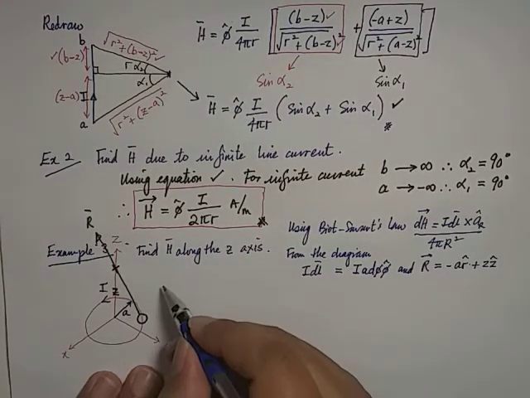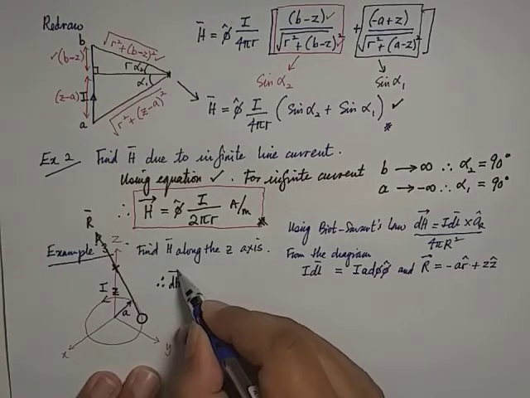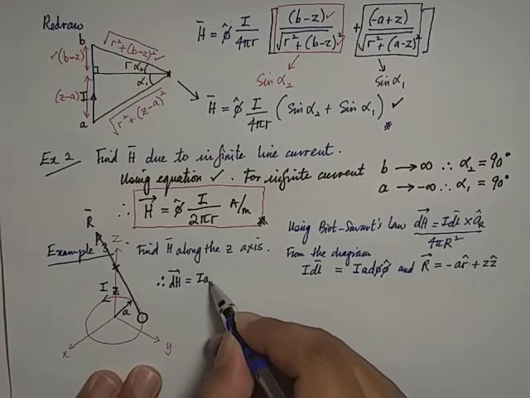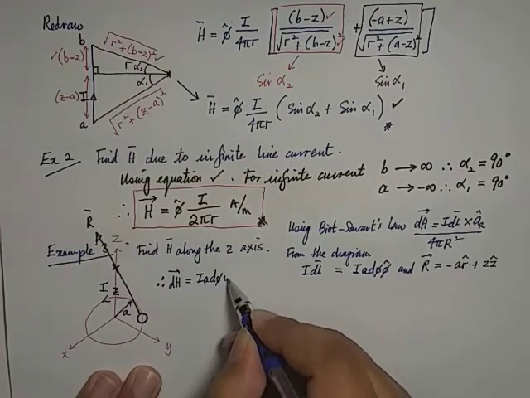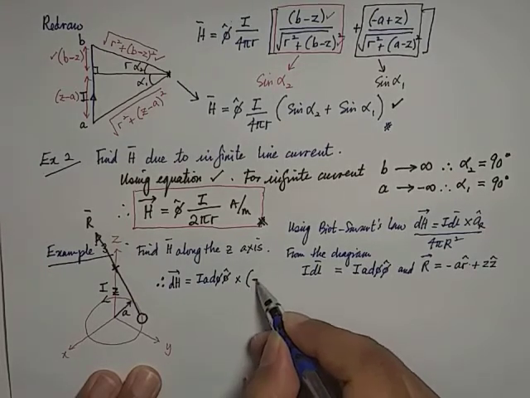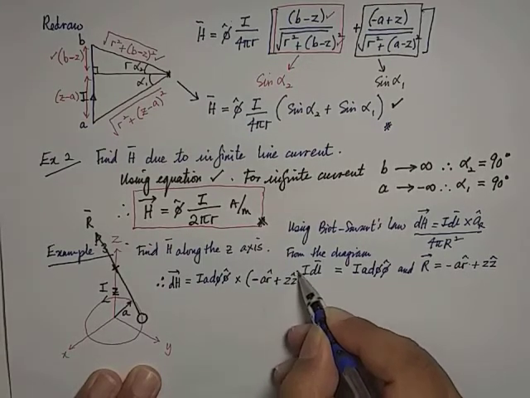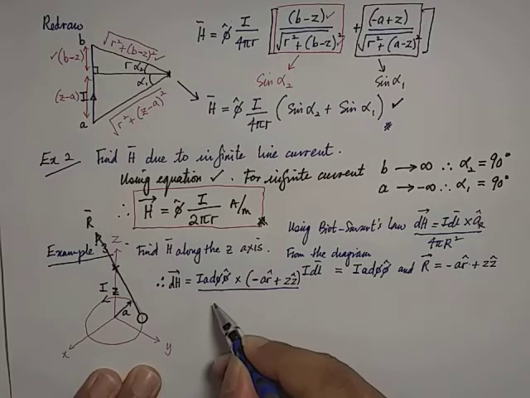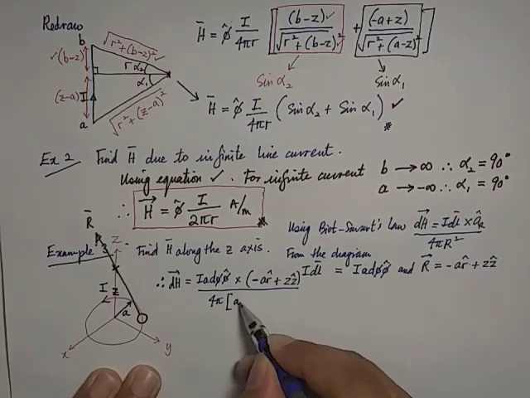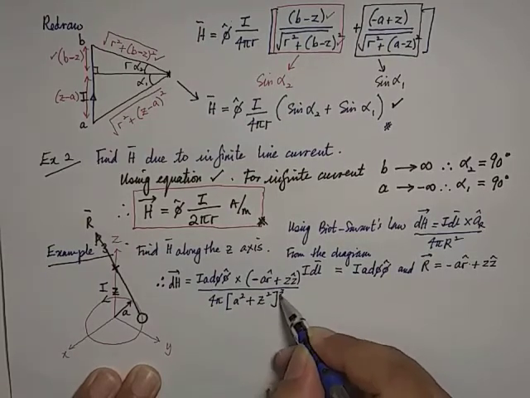So therefore what we're going to have here, our dH is equal to I a d phi aPhi, cross with negative a aR plus z aZ, everything divided by 4 pi times a squared plus z squared to the power of what? 3 over 2. Agree?